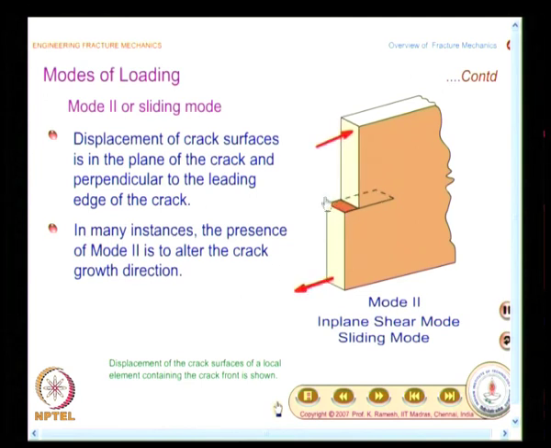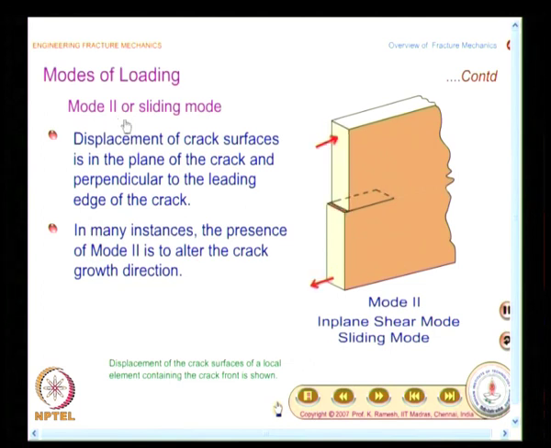What is shown here is the displacement of the crack surfaces of a local element containing the crack front. We have not shown the entire object, the external loading may be anything, we are only looking at what happens in the vicinity of the crack, how the faces move. Depending on that you label them as mode 1, mode 2 or mode 3.